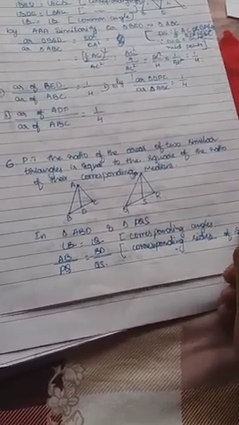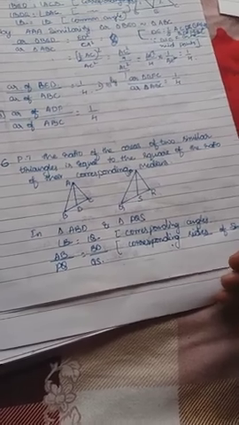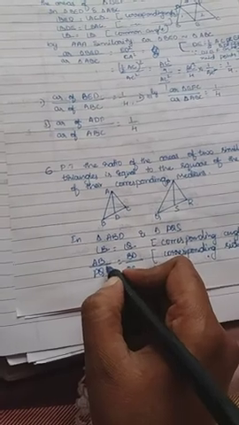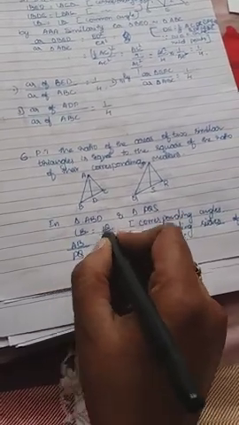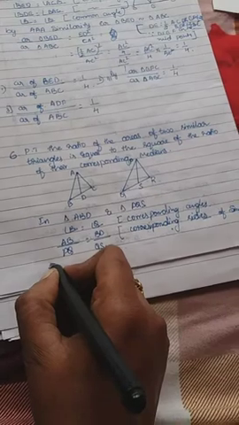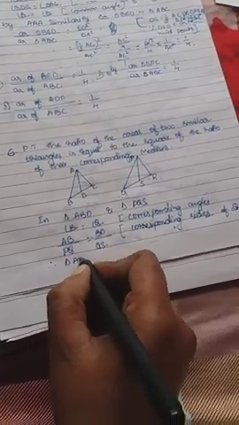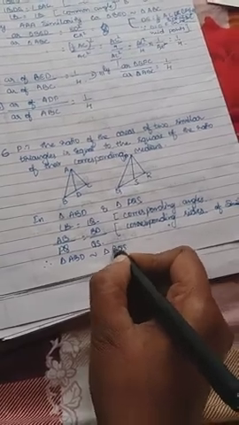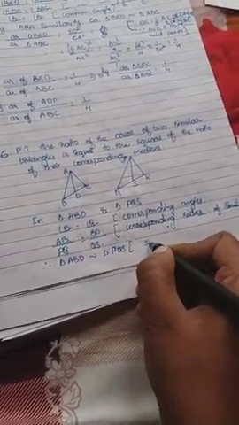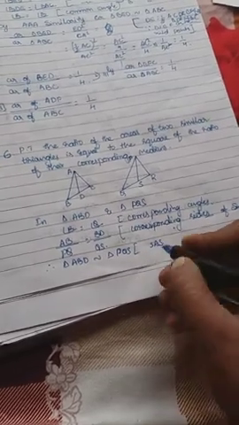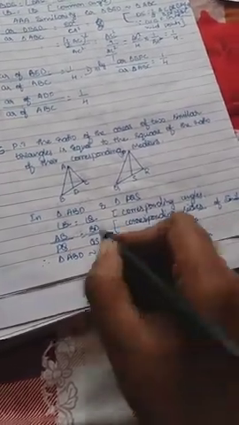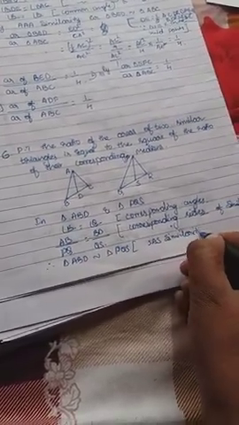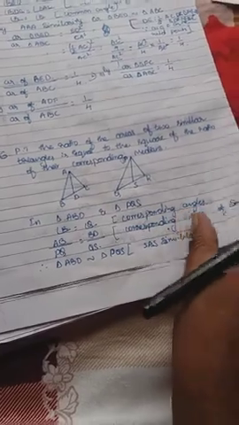Then, by SAS, two sides proportional and one angle equal, triangle ABD is similar to triangle PQS, according to the SAS similarity criteria.